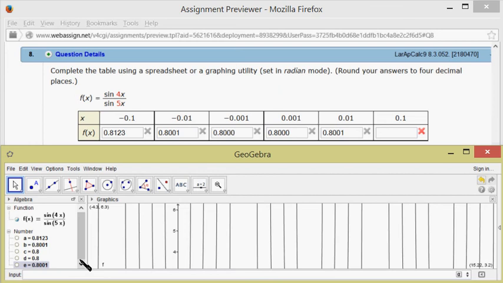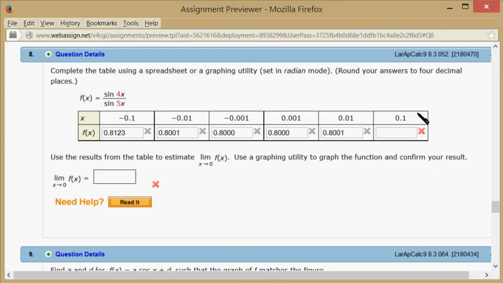So f of 0.1, then hit enter. So we get 0.8123.